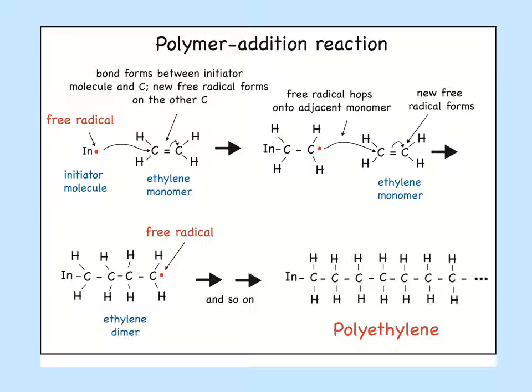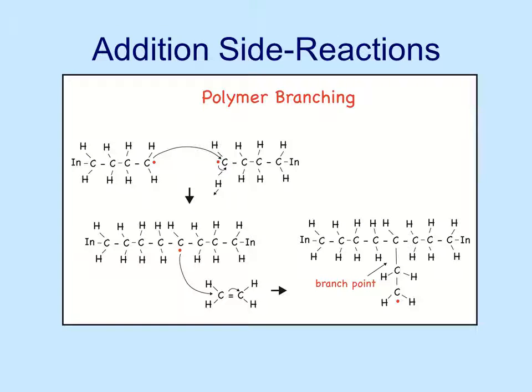Here's a diagram of the situation. A free radical, an initiator molecule of some sort, will interact with an ethylene monomer and will form a single bond, generating a free radical electron on the other end of the monomer, which can then attack another monomer and continue to build on and on to form, in this case, polyethylene. Now you can get side reactions in addition reactions.